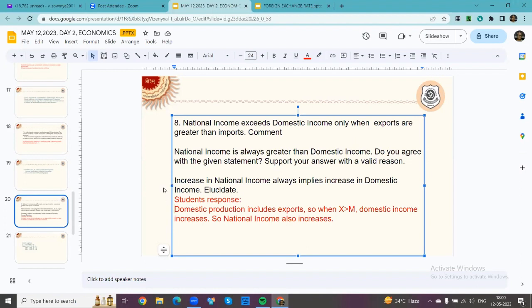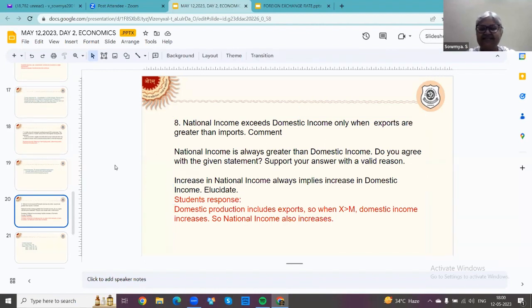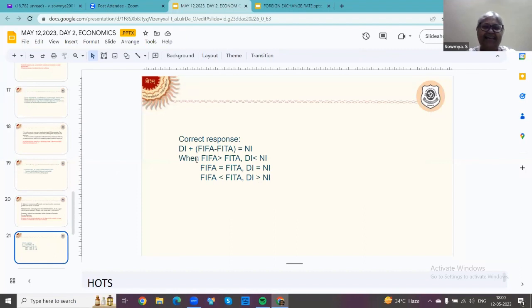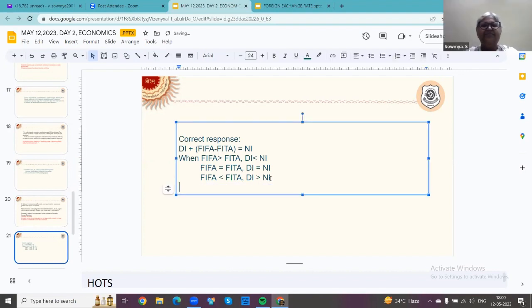No. Look at the question: national income exceeds the domestic income only when exports are greater than the imports. So they cannot write anything else. They will probably have to start by saying that NDPFC is the domestic income, and then move on to NNPFC.